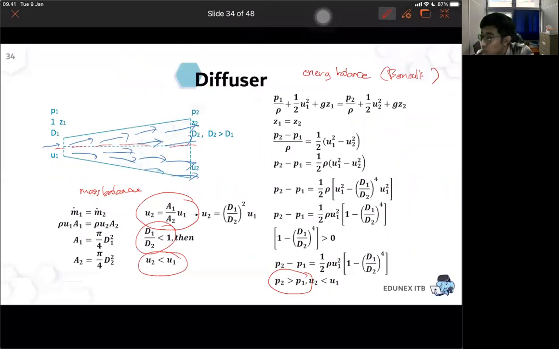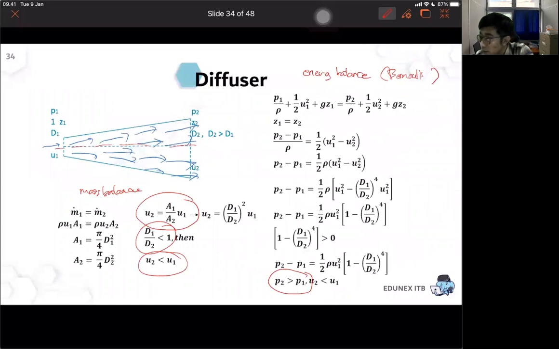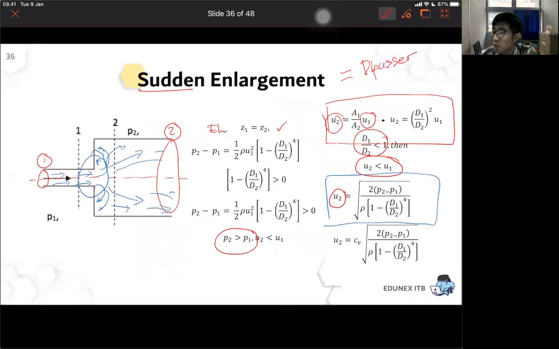If you derive the equation to correlate the velocity at point 2, you need to change the velocity at point 1 as a function of point 2. So it's like the inverse equation, but it should be no problem. Then you will have the same equation as this one. Actually, if you derive the equation for the diffuser, you will have exactly this equation.